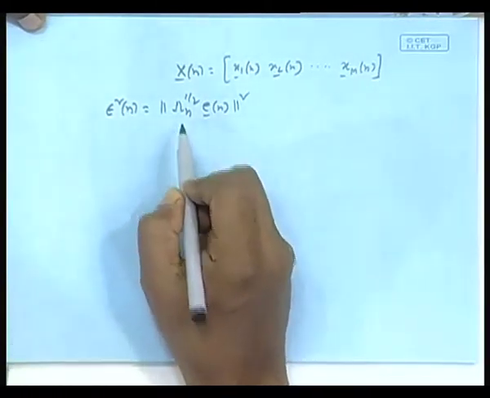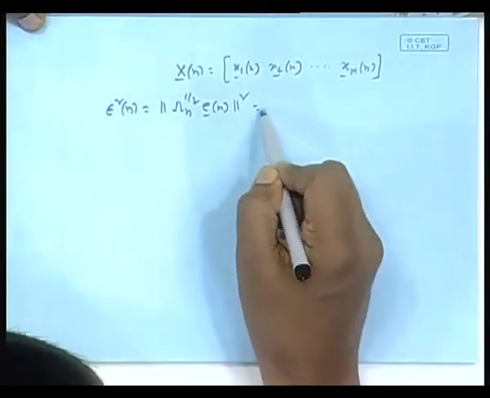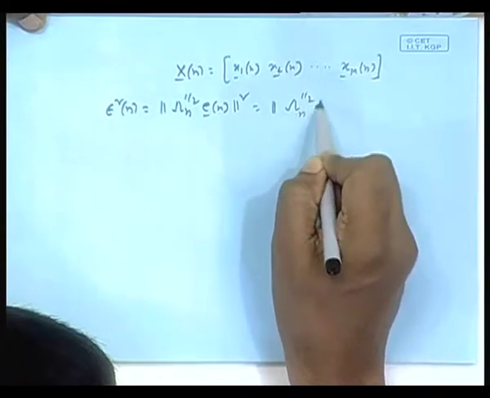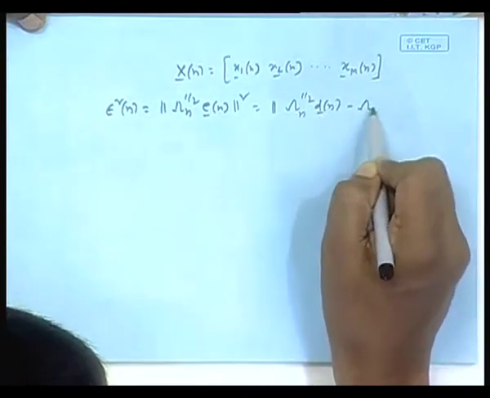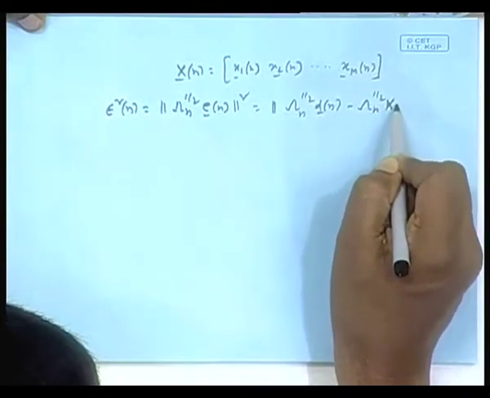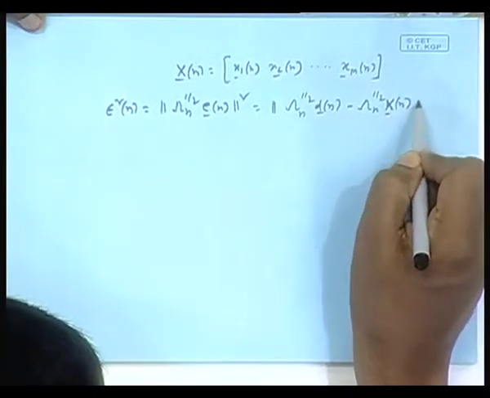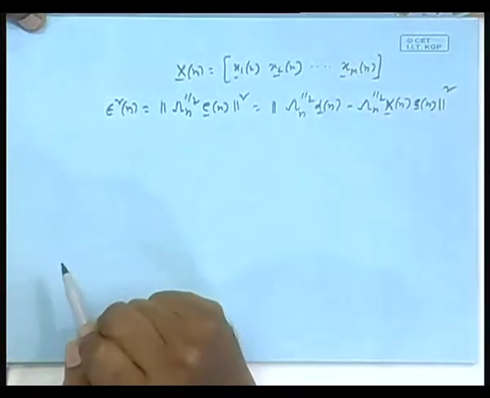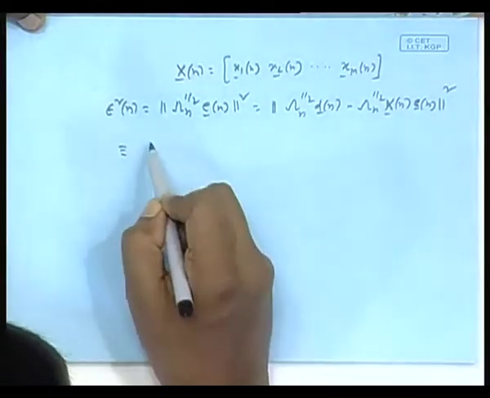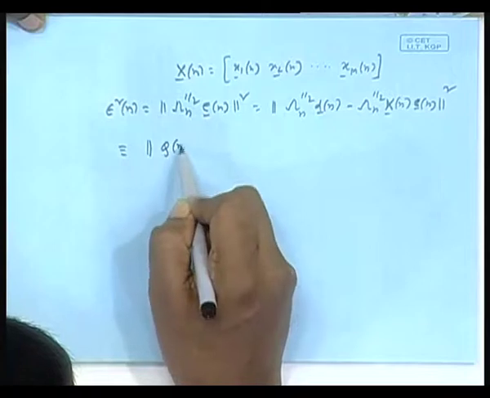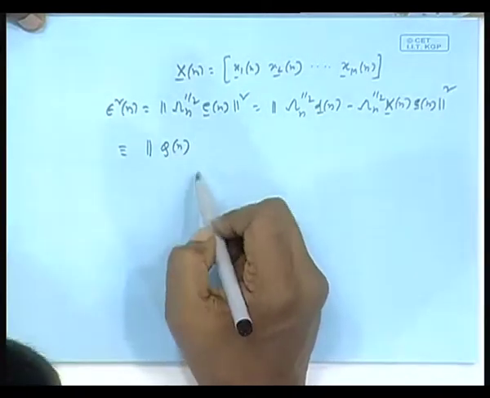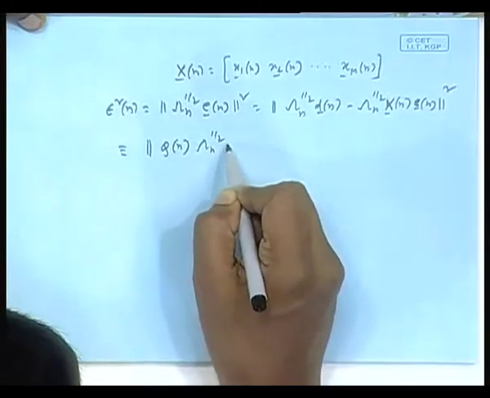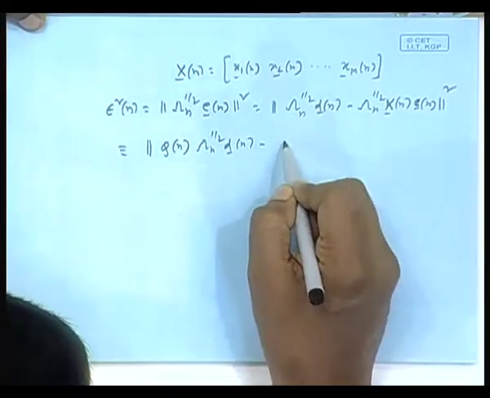Lambda has been pulled in here. This we are minimizing, and this gives rise to d n minus X n c n, norm square, which is also equivalent to, if you choose an appropriate unitary square matrix Q n, this is what we did last time.